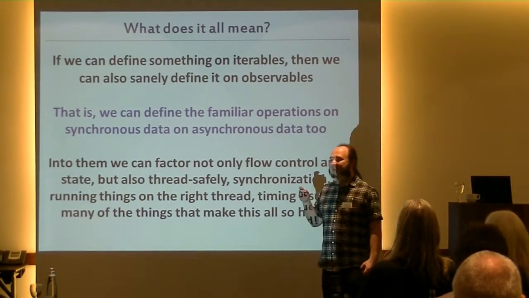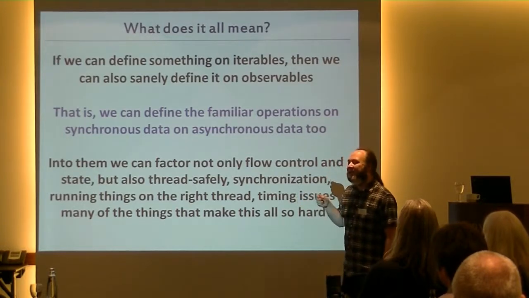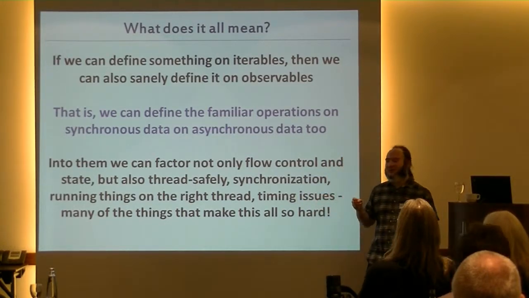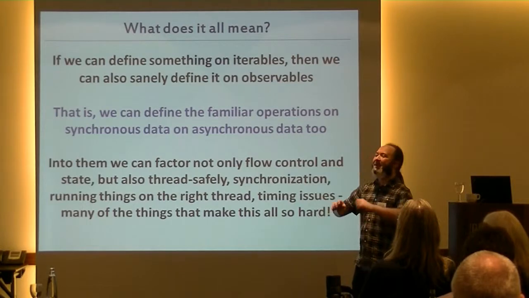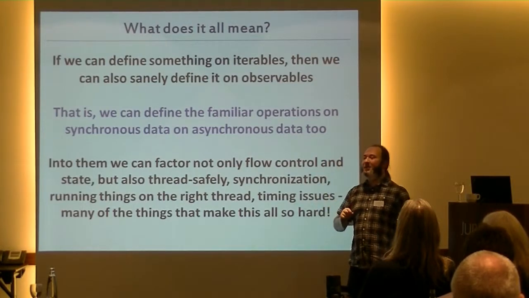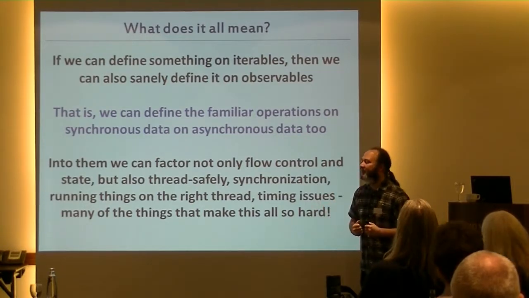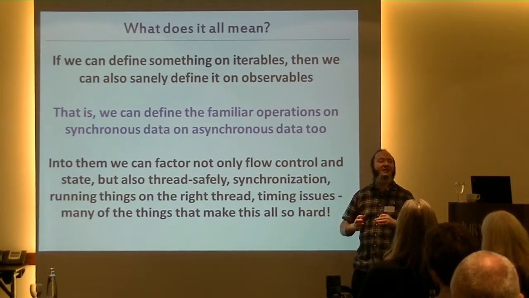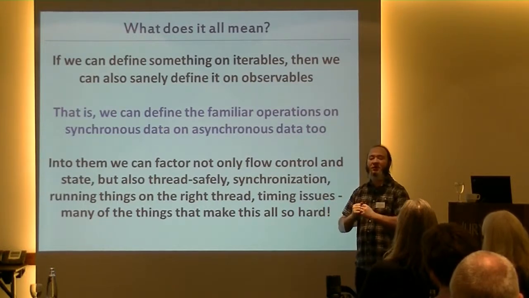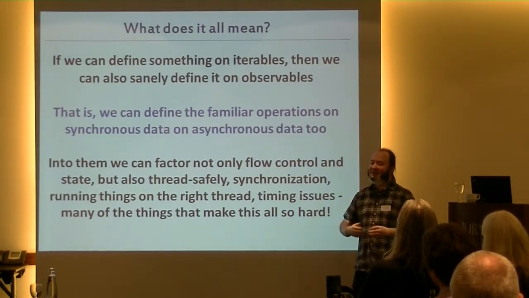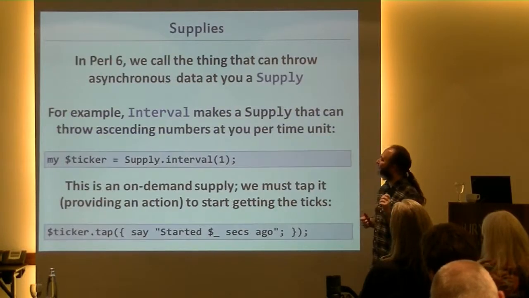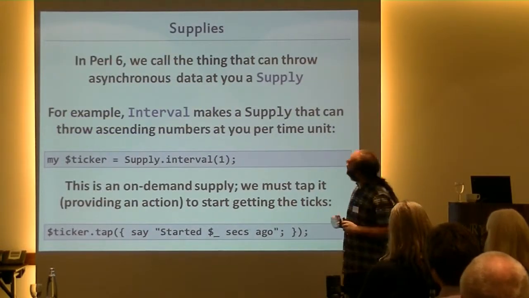That's really nice, because it means we have a way to not only factor out filtering and mapping of these events as they come in, but also factor out thread safety and synchronization and getting things onto the right thread, and pull them out of user code into some nice, neat methods. So let's try and do it.